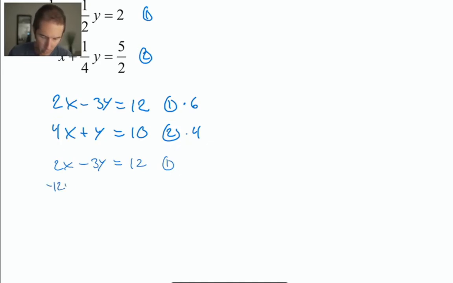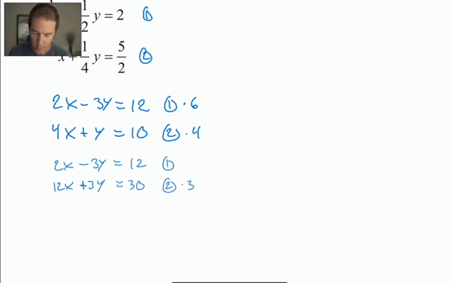So we get negative 12x minus, oh wait, don't multiply it by negative 3, multiply it by positive 3, sorry. So that says positive 12x, plus 3y equals, don't forget to multiply the right-hand side by 3, so that becomes a 30. That's equation 2. We multiplied it by 3 that time.